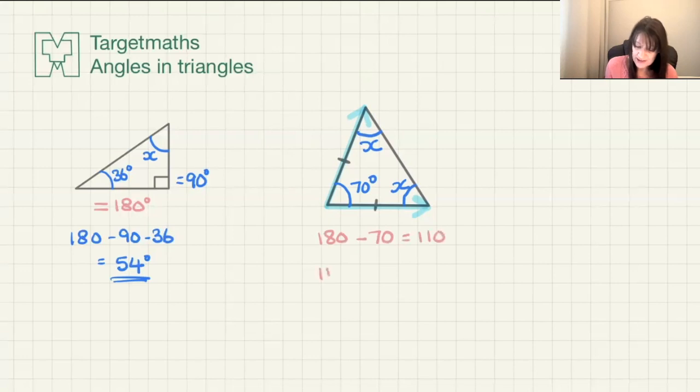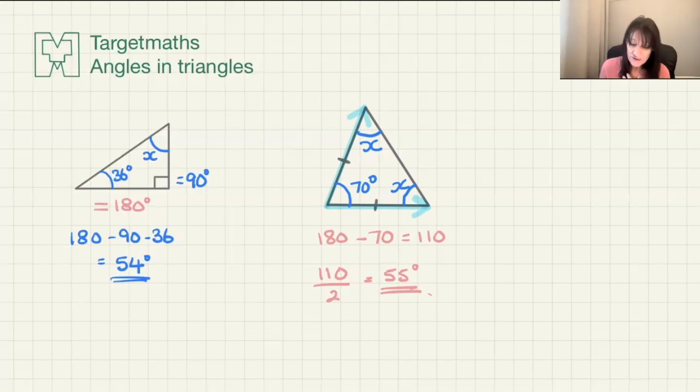And that 110 has to be shared equally between the two that will have the same value. So I'm literally just going to divide it by 2 and it will give me 55. Let's write down the right number, 55 degrees. So I know that that X, whichever one they chose for me to find, would equal 55 degrees.